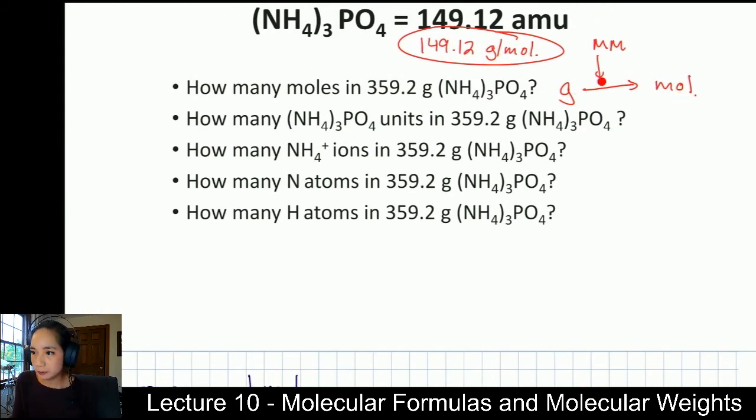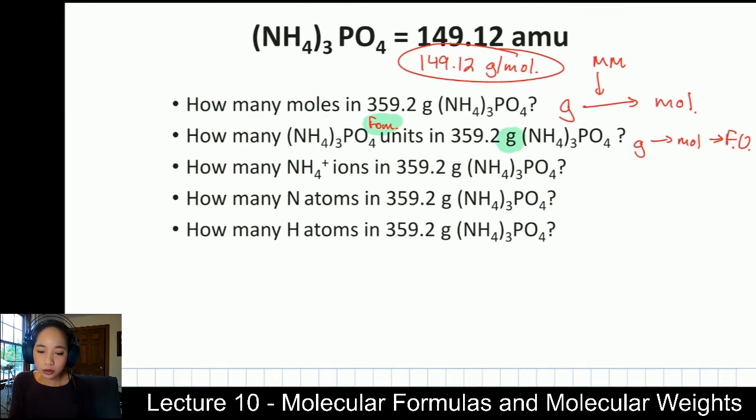Now it's asking how many formula units of the compound are in 359.2 grams of the stuff. So we want to go from grams to formula units, which means we need to go through moles.